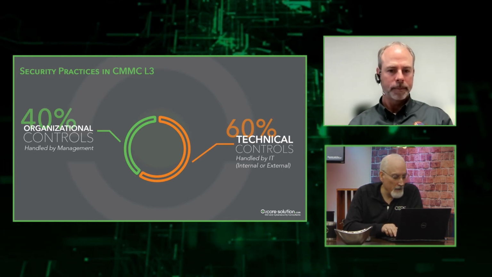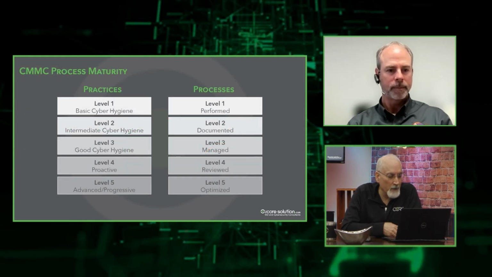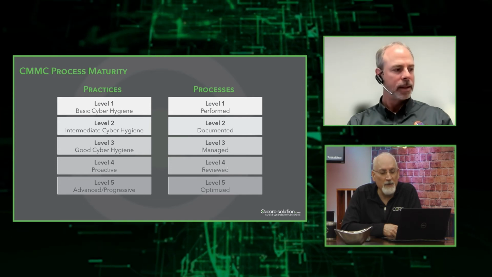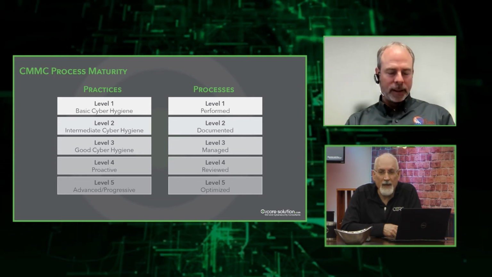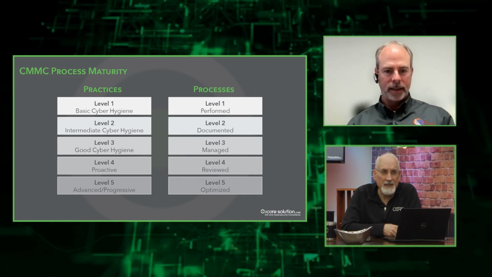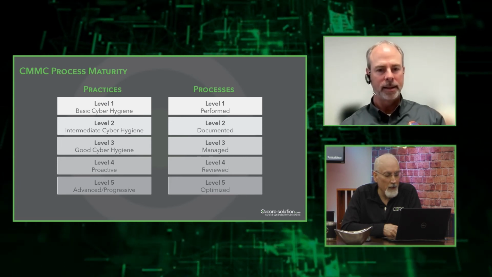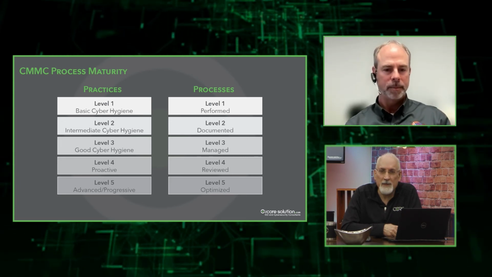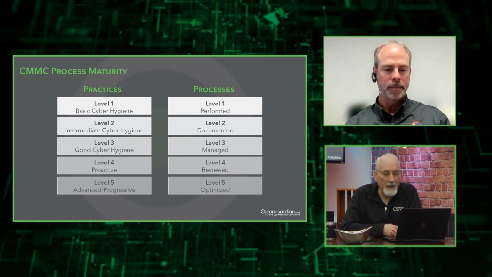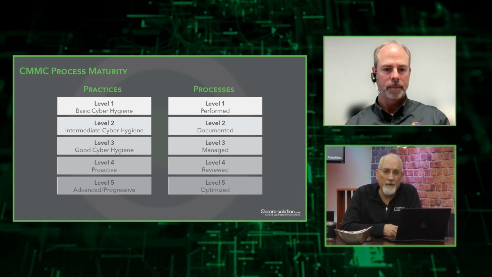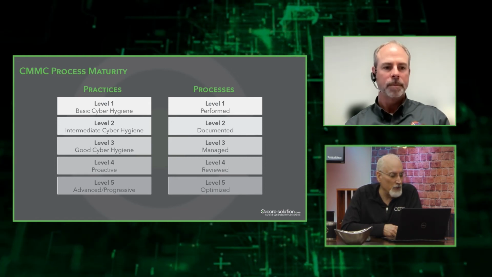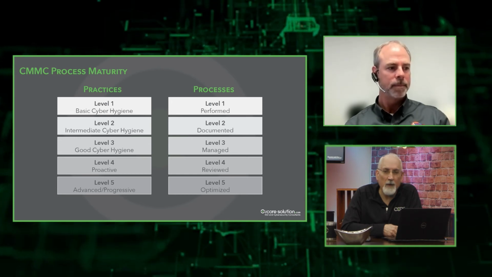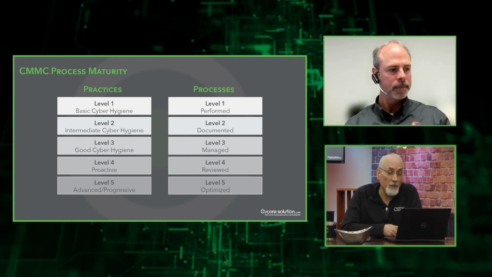Okay, Zane, one last point I wanted you to help us with is this idea of process maturity. So we know that's in the name, the CMMC, the maturity model. And on this particular diagram on the left-hand side, you can see the titles of the 5 levels of certification from level 1 to level 5 under practices. Practices simply means requirements.